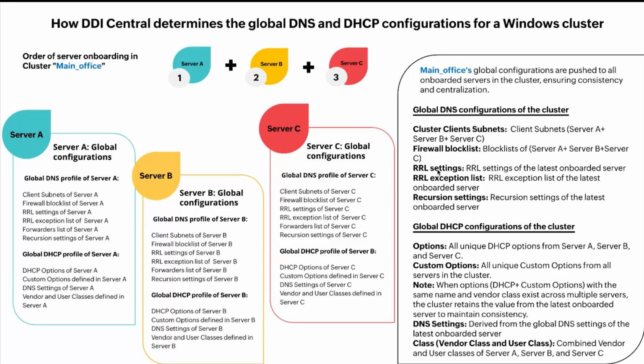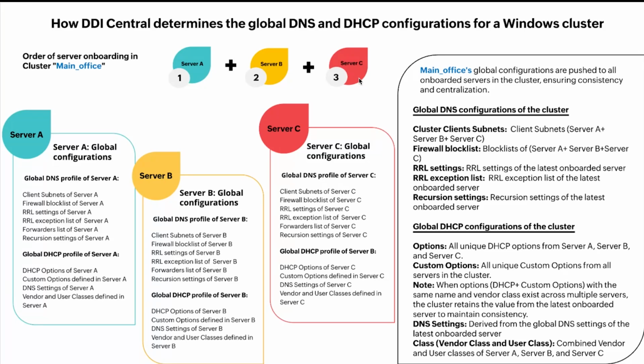We don't aggregate the configurations in this case. We take the latest onboarded server's value and make it the cluster's configuration. So all the servers maintain the same configurations, and for those settings that bear a single value, they have the value of the latest onboarded server.